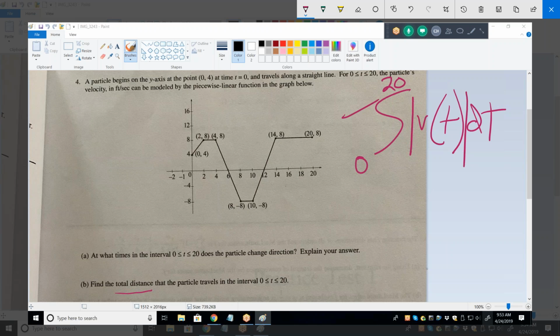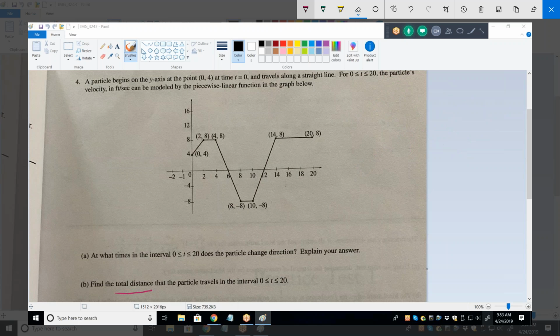We don't know the function here, so we're going to have to solve it geometrically. But that's not hard to do. I guess we could break everything up into trapezoids. Or rectangles. What is the trapezoid formula again?